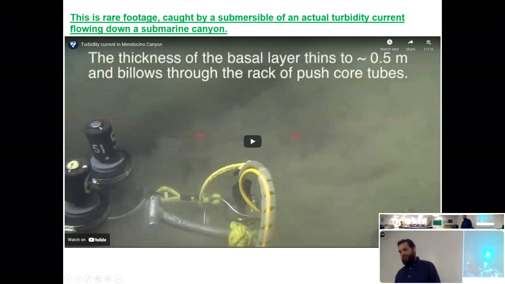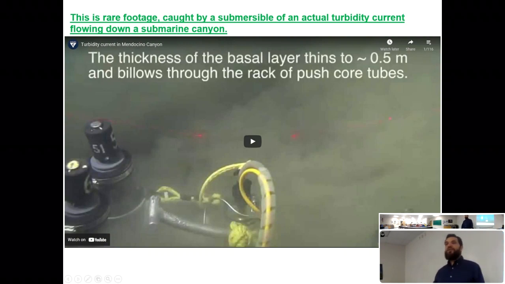Sorry, there's no audio for this video, but that's it under normal conditions, what they're doing. But then you can see it totally gets blacked out after a while, and you can see all the sediment rushing by.